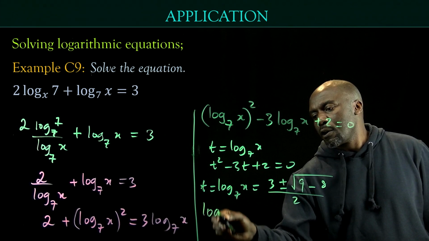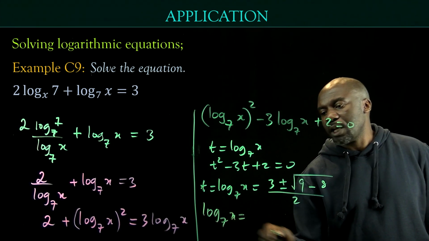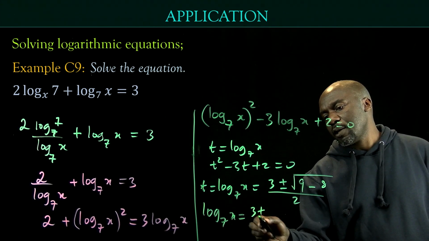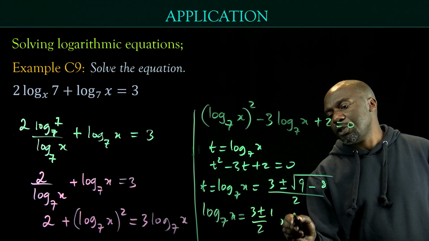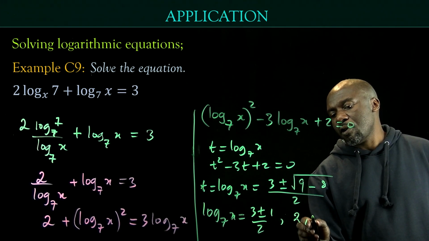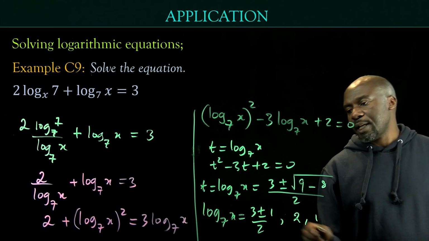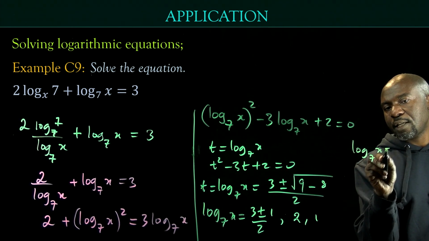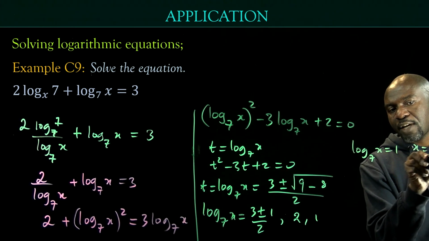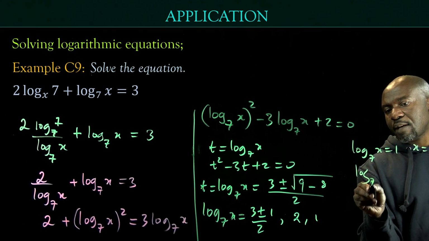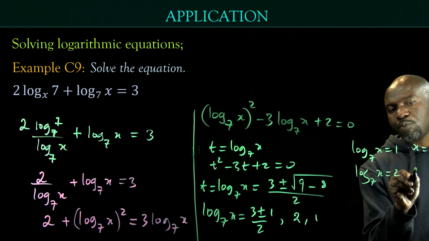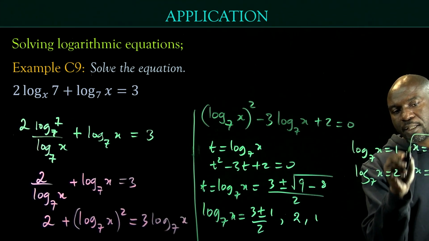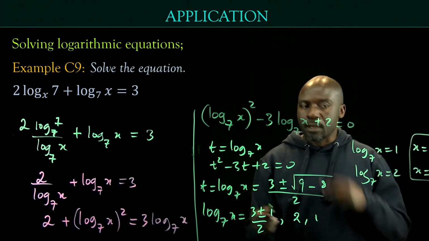So log base 7 of x becomes 3 plus or minus 1 over 2, which is either 2 or 1. So log base 7 of x is 1, which means x is 7, or log base 7 of x is 2, which means x is 7 squared, which is 49. And these are the answers to our logarithmic equation.